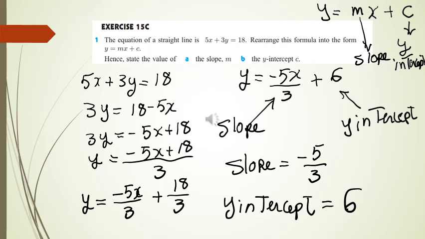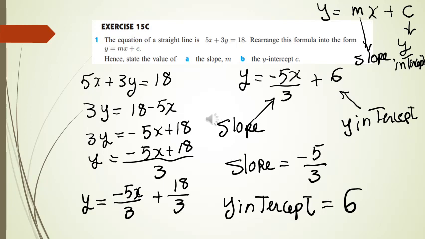We want to rearrange it in order to make it in the form of y equals mx plus c. That is the equation of the straight line. As you know, in this equation, m is the slope or the gradient of the line, and c is the y-intercept, where the line intersects the y-axis.